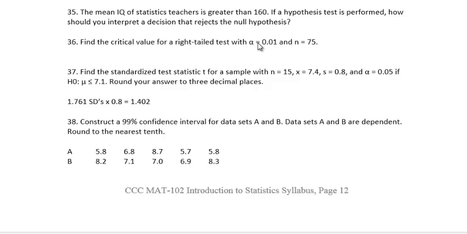So it's 1.402 away from the mean, and since our null hypothesis was that the mean is less than 7.1, we would have to make sure that whatever our statistic is, whatever mean we get in terms of the sample that we're sampling with these 15 people, would have to be less than 1.402 away from that number.